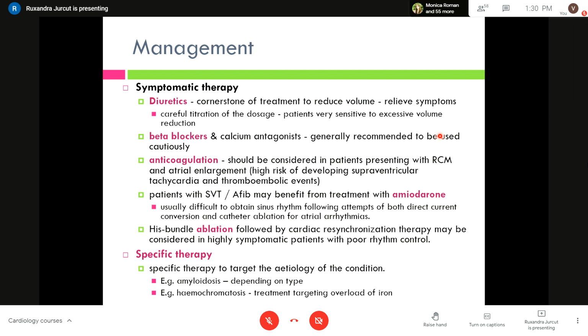But you have to give a lot of diuretic, then the stroke volume and the cardiac output decreases, and the patients get to have low blood pressure.